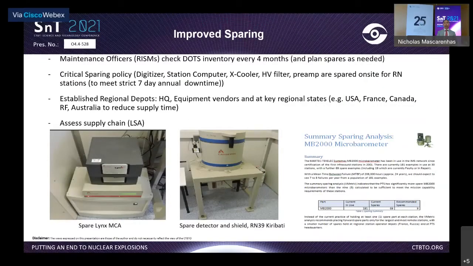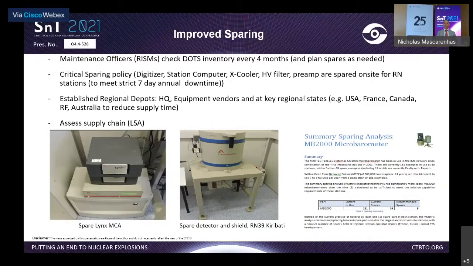So sparing. As you can imagine, the mandated data availability requirements are quite strict, especially for radionuclide. We only allow 7 days consecutive in a year to be down. And in order to do so, if a part is required to be replaced, it's very difficult to ship it around the world from either a depot or headquarters.